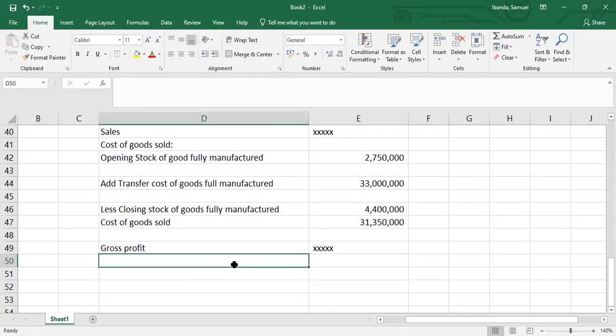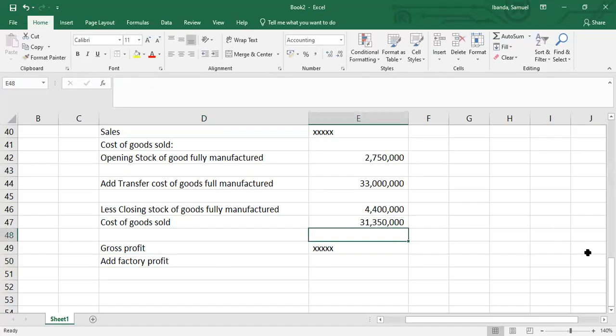After we've determined our gross profit, it can also be a loss, by the way, okay? It's not that it should always be a profit. After we've determined this, we should go ahead to add what we call the factory profit.